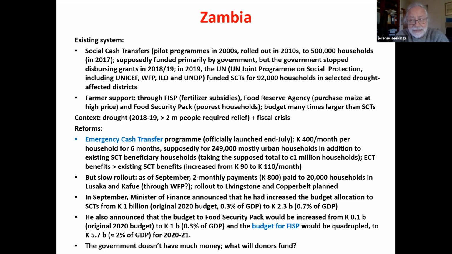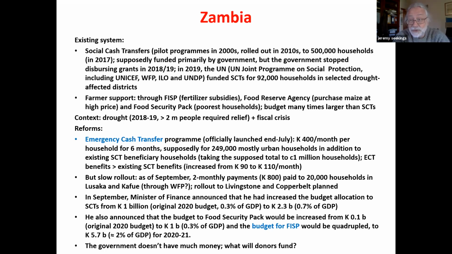I don't know exactly what the position is now, but when we were in Zambia at the end of last year, at the beginning of this year, the payments were well over a year behind because of the fiscal crisis facing the government. So the cash transfer system is not nearly as extensive as it appears on paper, right?